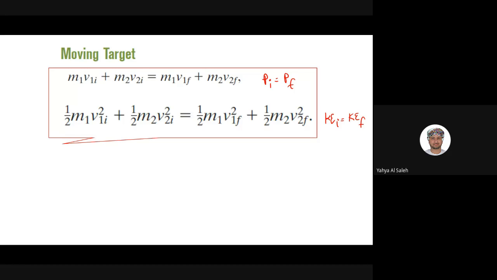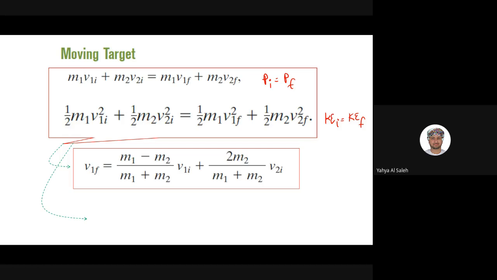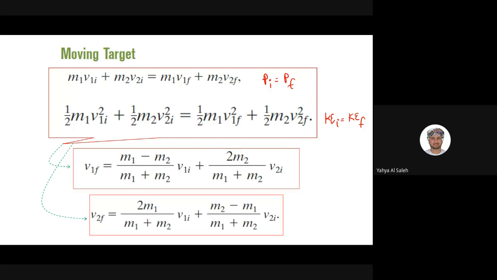Let's look at examples. Okay. You can rearrange this equation in a billion different ways and get V1F as the subject, V1I as the subject, V2I as the subject, V2F as the subject, and so on and so forth. No, you do not memorize these, and I cannot say this enough.